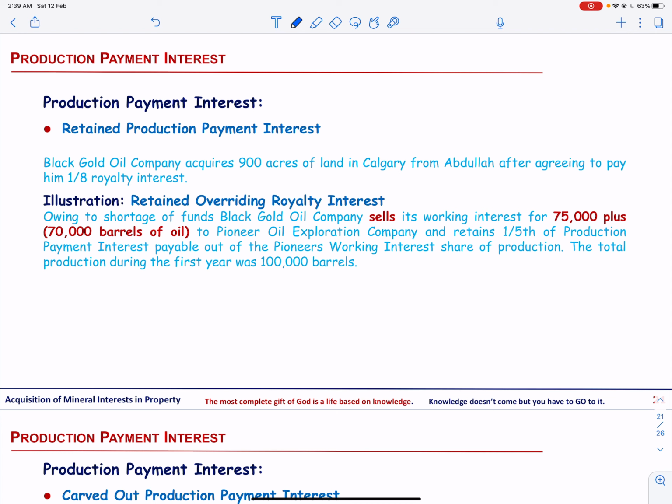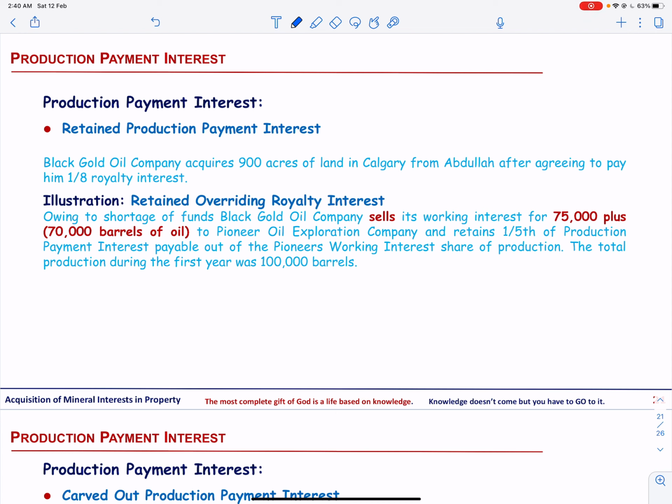Owing to shortage of funds, Black Gold Oil Company sells its working interest for $75,000 plus 70,000 barrels of oil to Pioneer Oil Exploration Company and retains 1/5 of the production payment interest payable out of Pioneer's working interest share of production. The total production during the first year was 100,000 barrels.